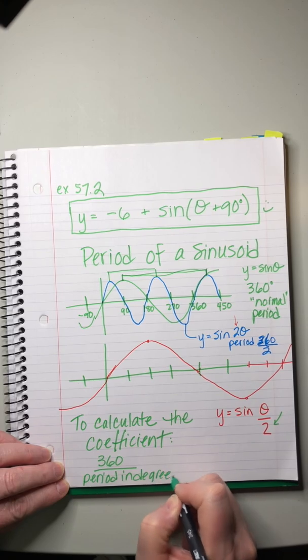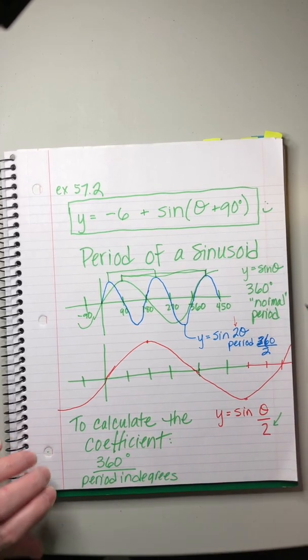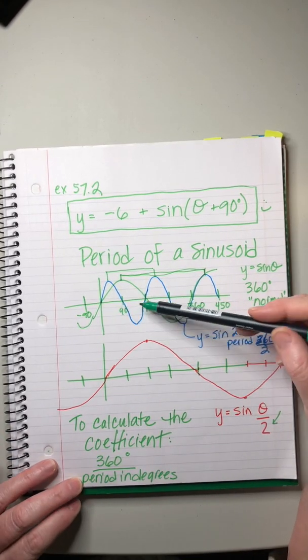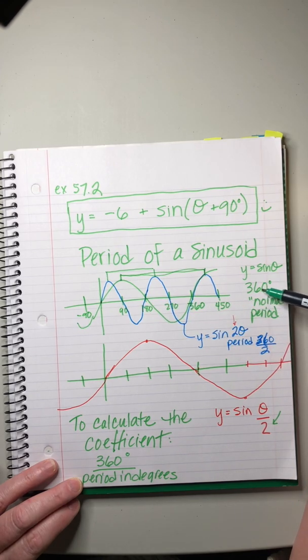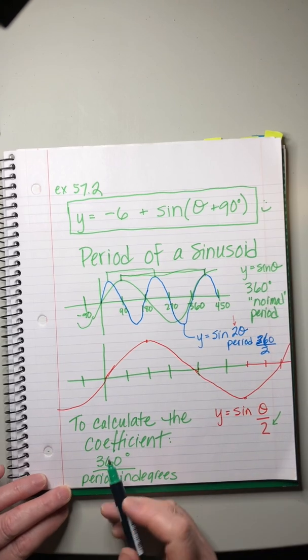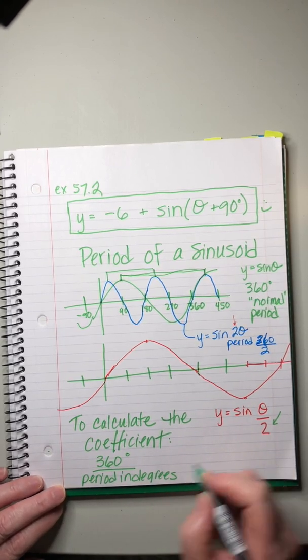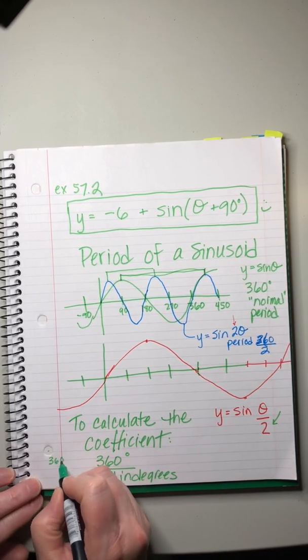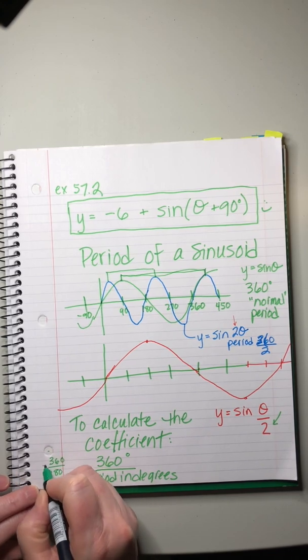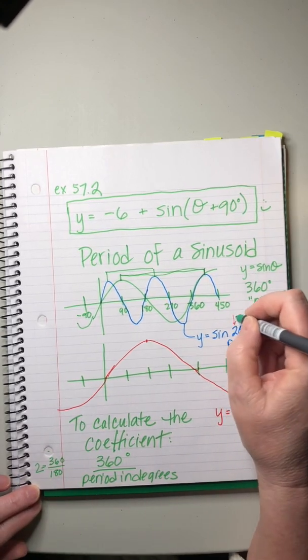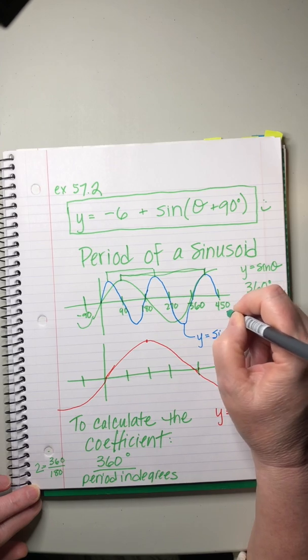Okay, so in this one we said we were going twice as fast, so instead of 360 it would be 180. So when we do this calculation, we would have done 360 over 180 equals 2, and that's where I got that number. Let me just write it.